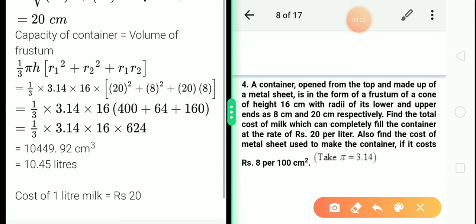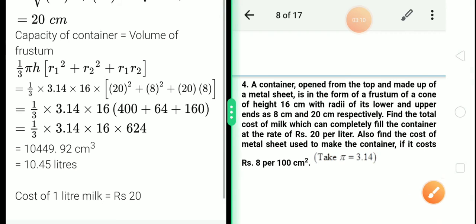Solve the bracket: 400 plus 64 plus 160 is equal to 624. Therefore in the next step, 1 upon 3 into 3.14 into 16 into 624. So multiplication of these values is coming 10,449.92 centimeter cube. Now 1 liter is 1000 centimeter cube. Therefore we can write it is equal to 10.45 liters.